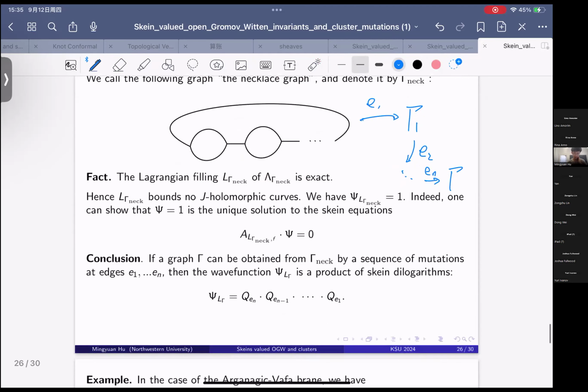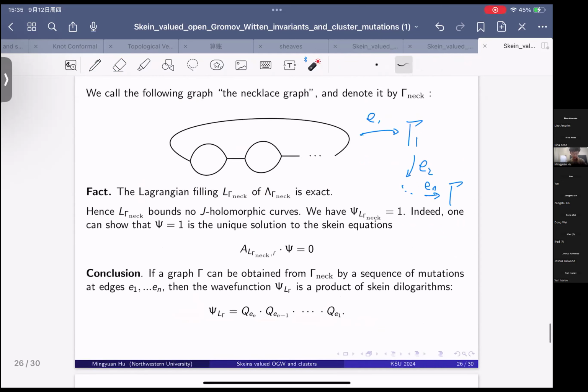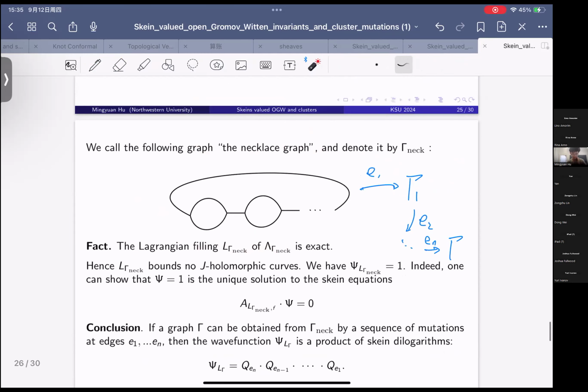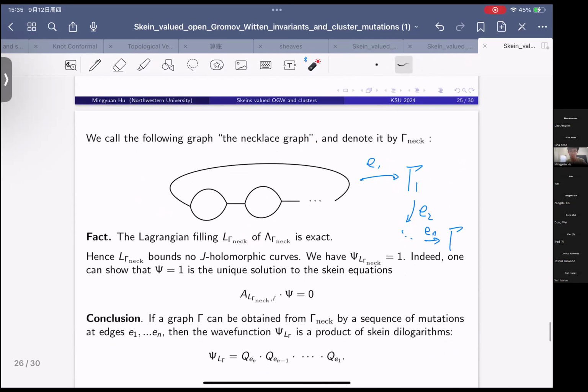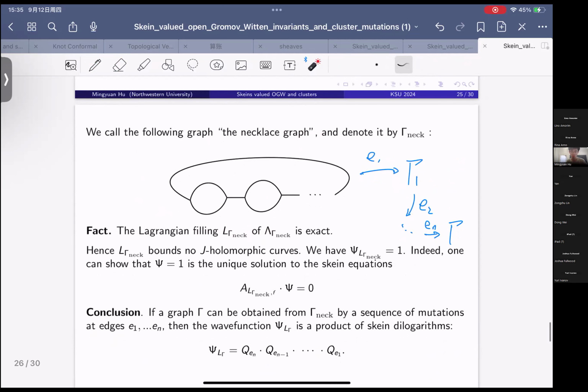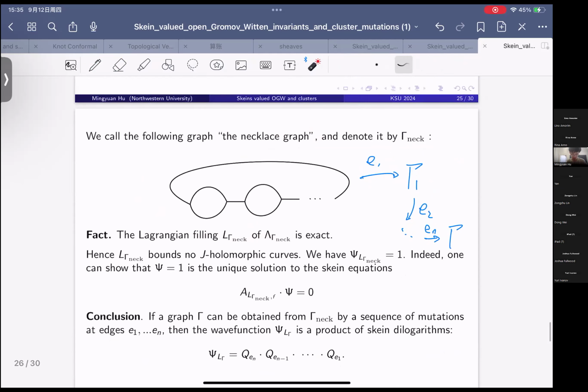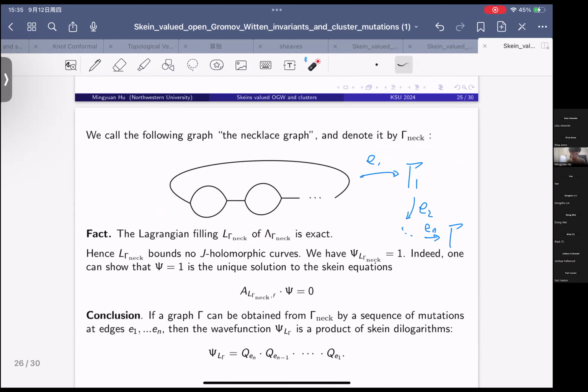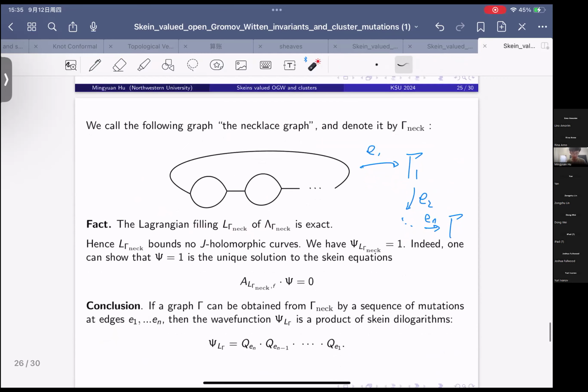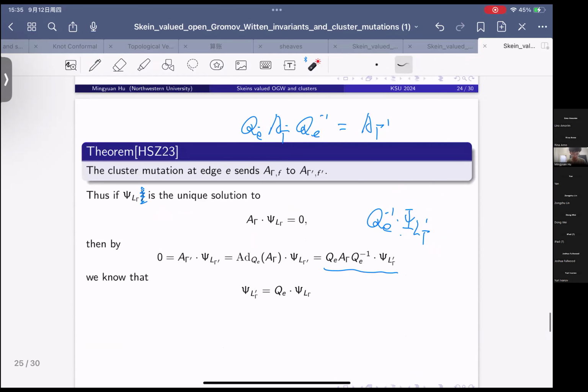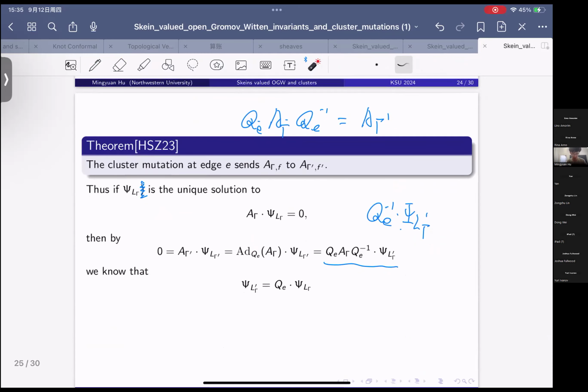Then we know that the wave function of this L gamma would be a product of these quantum skein dilogarithms. Any questions for that? The point is the theorem, where we know how this equation changes when we mutate the graph, and then we know how the solution changes.